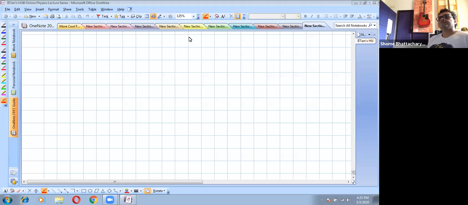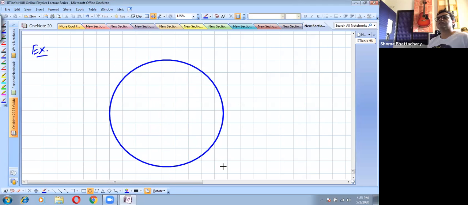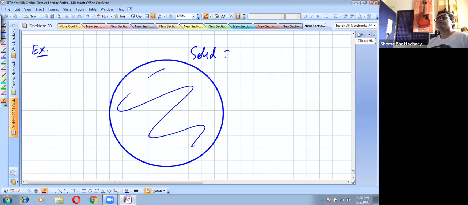Right. So next up, let's look at an application example. In this example, we have a solid spherical glass body, like a glass ball. So this is a solid sphere made of glass, which has refractive index 3/2.